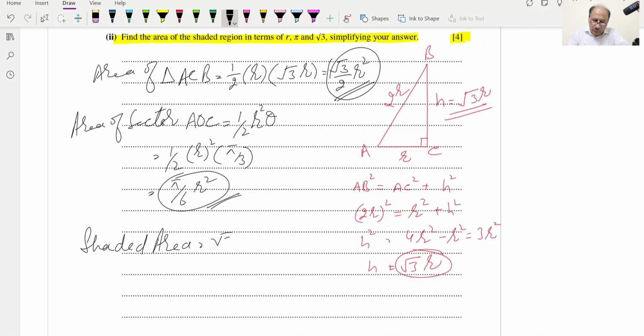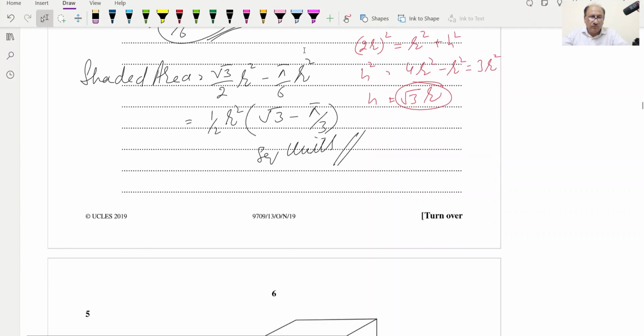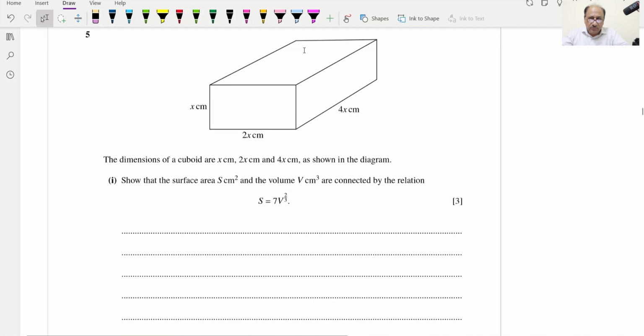So it will be root 3 by 2 r squared minus pi by 6 r squared, and this will be equal to, we can take 1 by 2 and r squared common, and inside will be root 3 minus pi by 3, and this will be in square units. So this will be the answer for this question. Hopefully you understood this. Now we can move to question number 5.